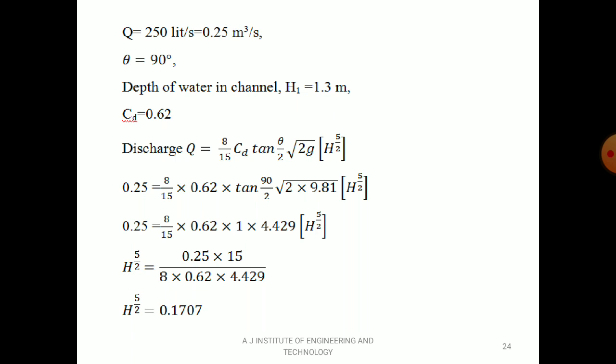So H to the power 5 by 2 equal to 0.25, cross multiply 15 divided by 8 into 0.62 into 4.429, that is equal to 0.1707.